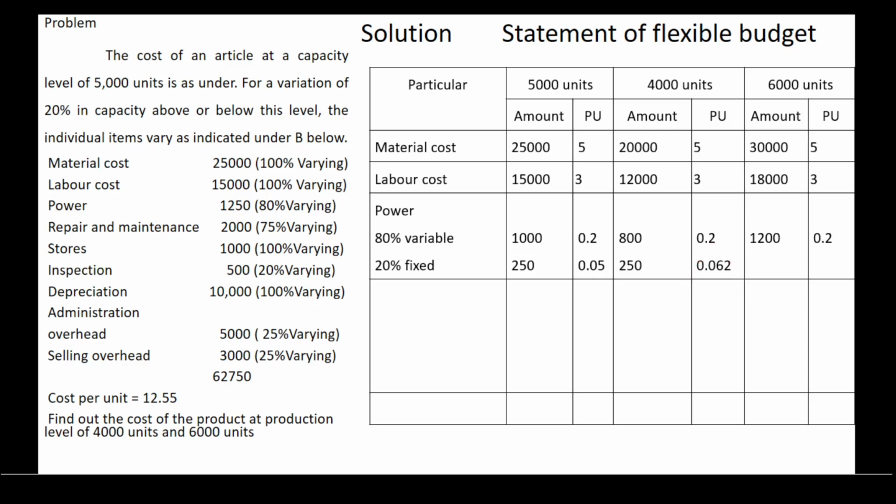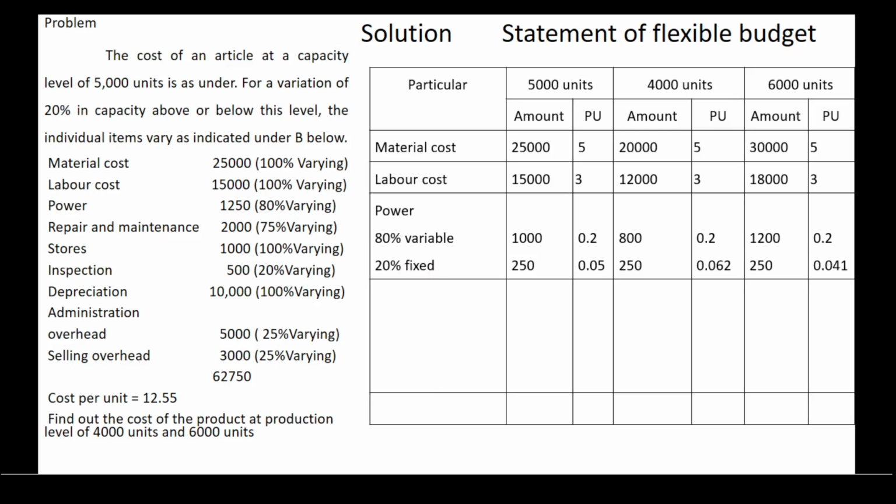Similarly we calculate for the 6000 units. Here the amount is constant, that is 250 rupees, and this 250 rupees is divided by the 6000 units. So now the cost per unit is 0.041. So in this way we calculate the variable cost and fixed cost.